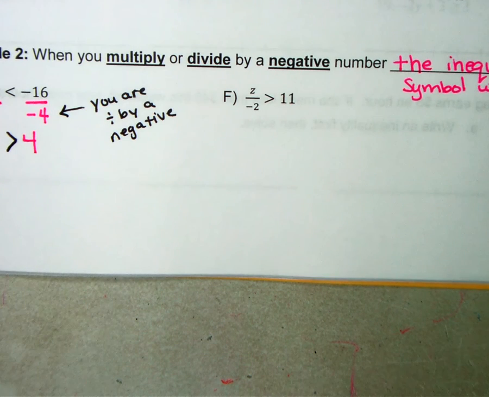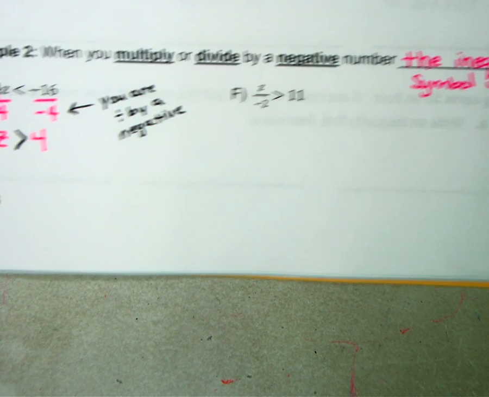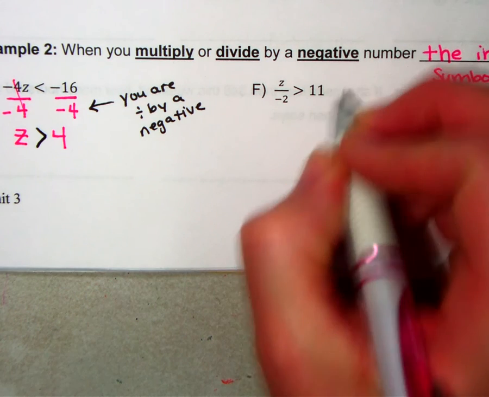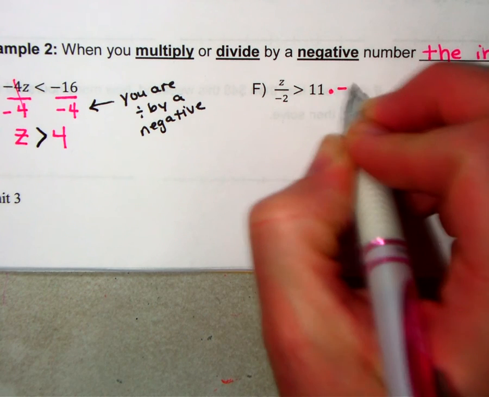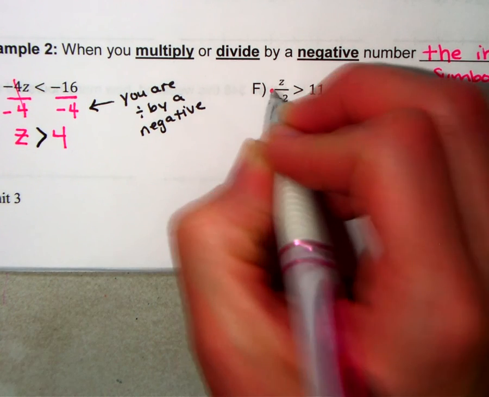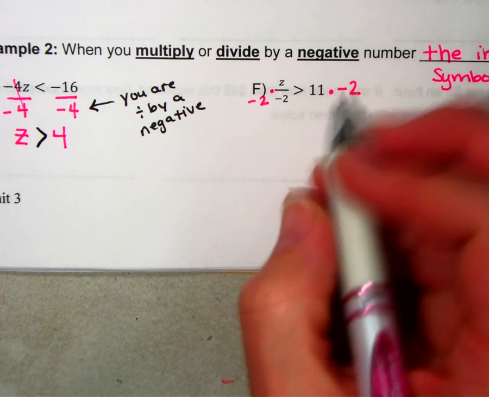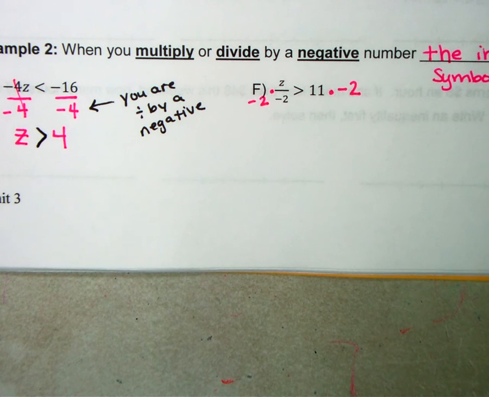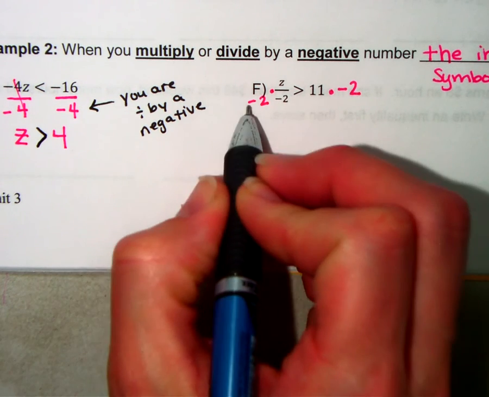Second one. This time we're not going to be dividing by a negative. We have to actually multiply by a negative to get rid of it. It currently says x divided by negative 2. So we are going to times by negative 2 to get rid of that on both sides. So when I write times negative 2 times negative 2, that symbol, the number I wrote down, is negative.